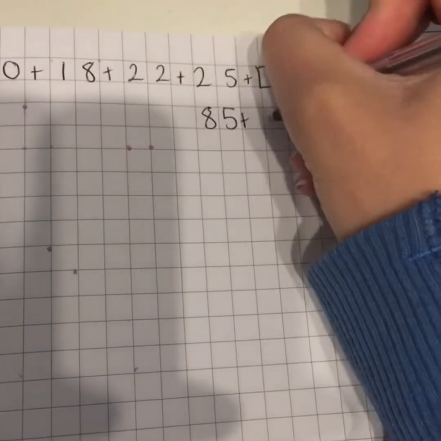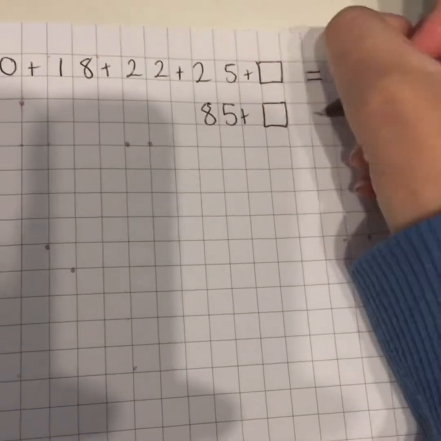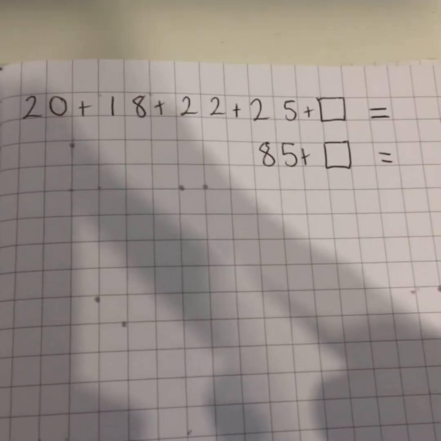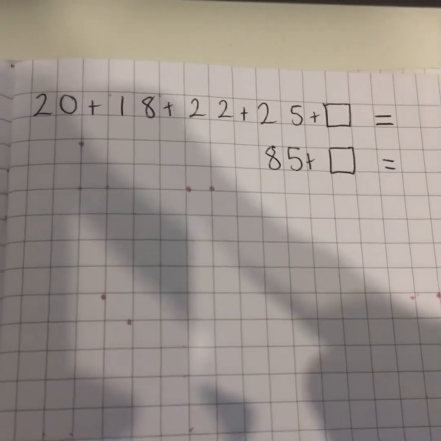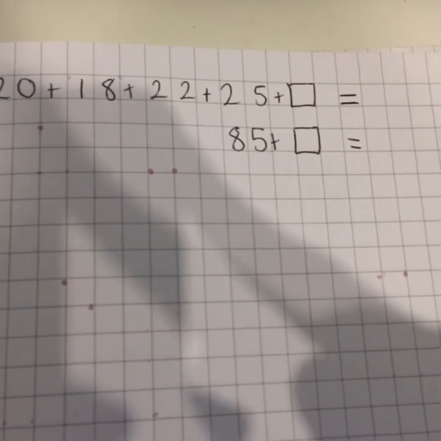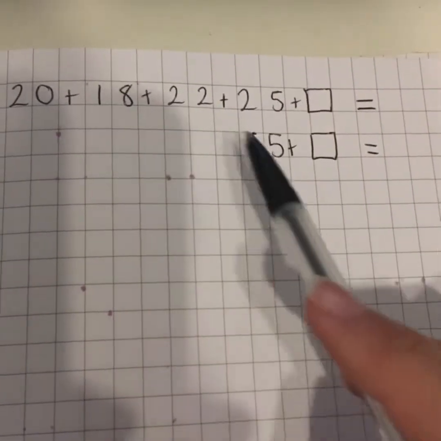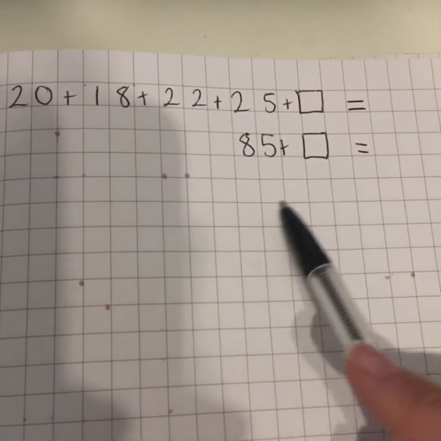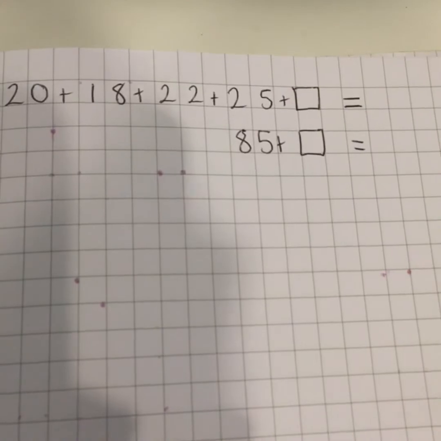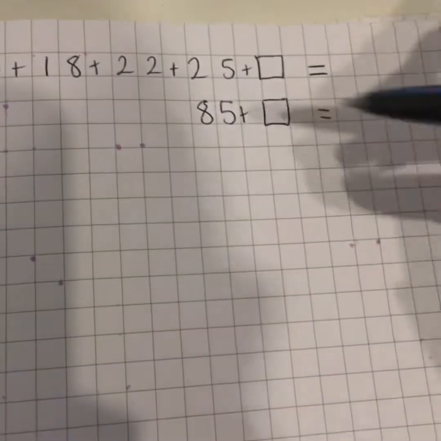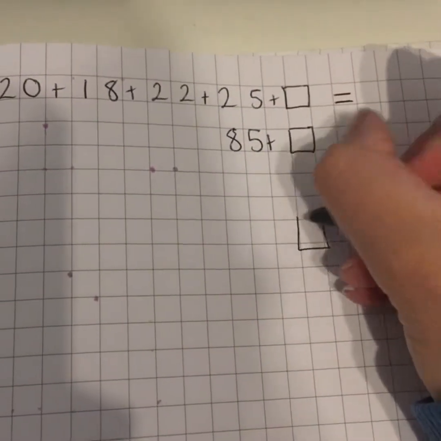So 85 plus this box, because we don't know how long the 5th snake is. Now, they have told us that the mean length is 20. So normally I would do whatever the sum is and I would divide it by 5 and my answer would be 20.